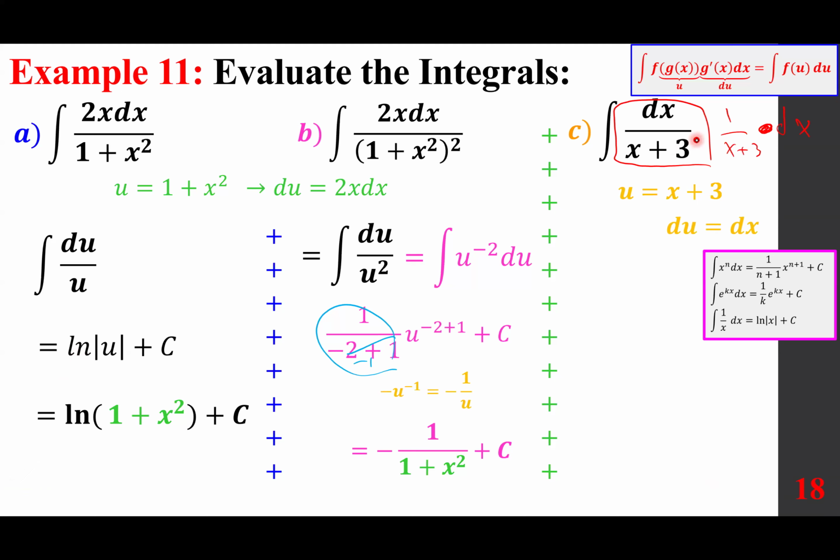So it looks like the integral of du over u, which is just the same as this one, becomes a natural log and a constant. And now u is replaced with x plus 3.